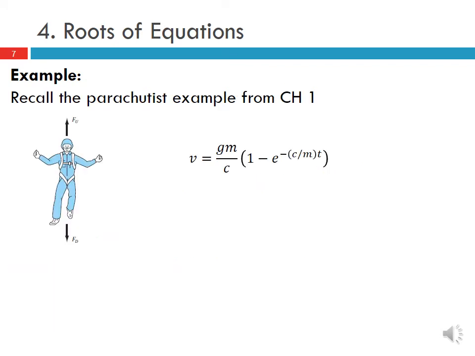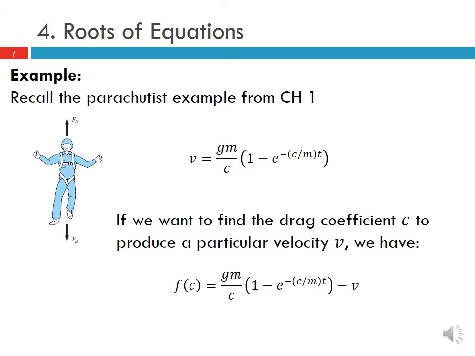Another example is, if you recall the parachutist example from chapter 1, we were able to come up with a differential equation that describes the velocity over time. Now, if we wanted to find the drag coefficient c to produce a particular velocity, this would be like a design problem.